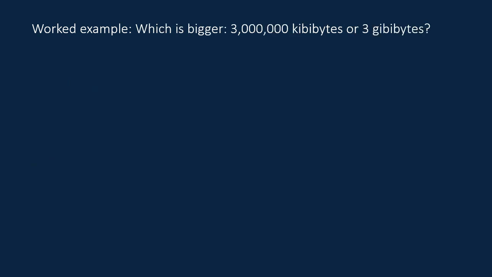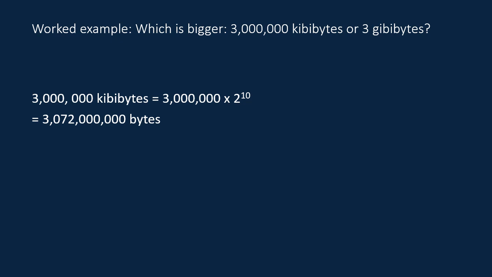The next example we're going to look at is to compare 3 million kibibytes with 3 gigabytes. So which of those is the biggest? Again, what we do is we convert everything into bytes, and if we've got 3 million kibibytes, well, that works out to just over 3 billion bytes.